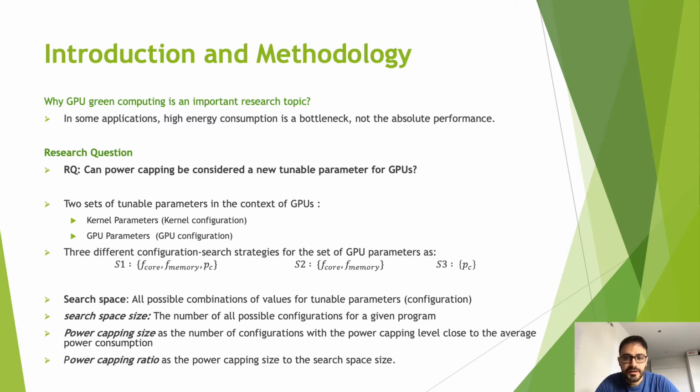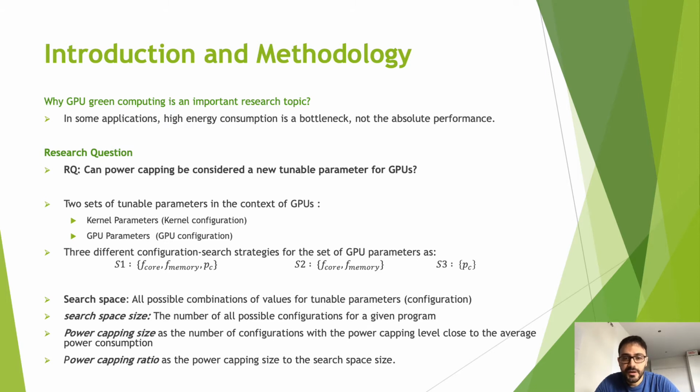We identify two sets of tunable parameters in the context of GPUs: kernel parameters, such as grid size, block size and tile size, and GPU parameters. For GPU parameters, we define three different configuration search strategies and represent them with S1, S2, and S3, where F core, F memory, and PC represent core frequency, memory frequency, and power capping.